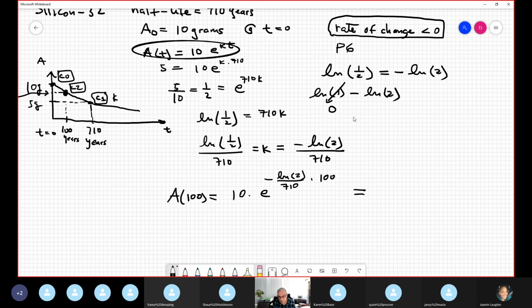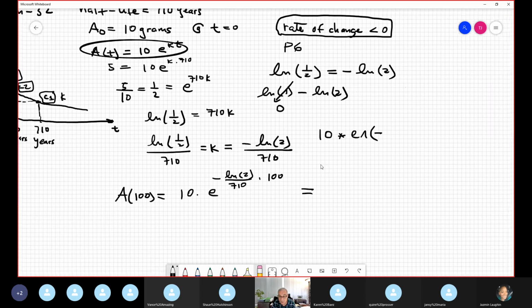Come on, guys, help me. Put it in the calculator. This is a little bit complicated because we need to open the parentheses. So you put in the calculator like that, no? 10 multiplication exponential, parentheses, negative. Be careful with the negative because our calculator has two keys: negative value and subtraction.